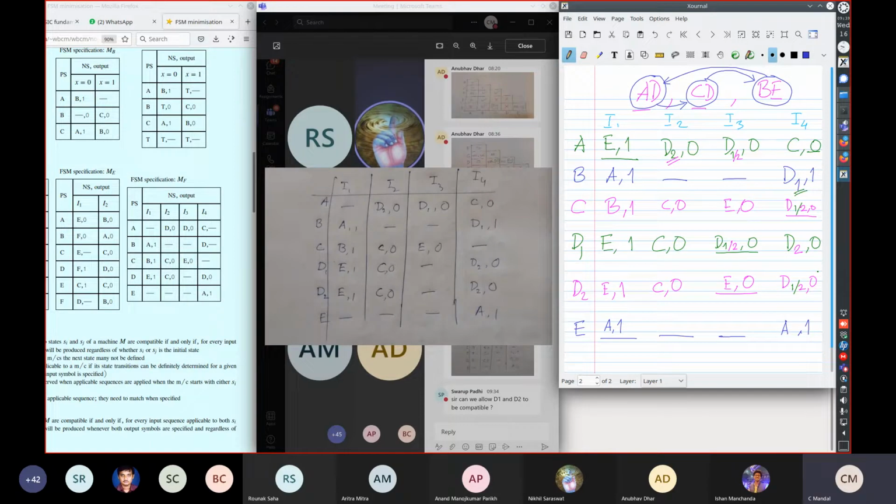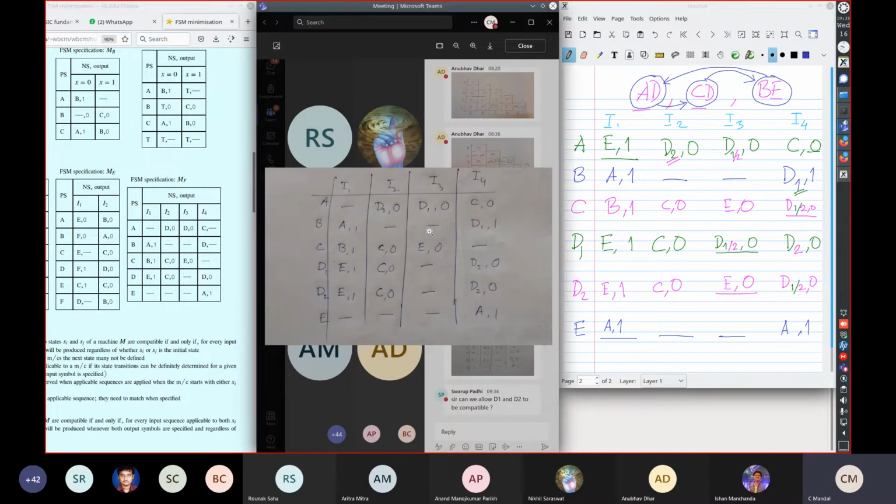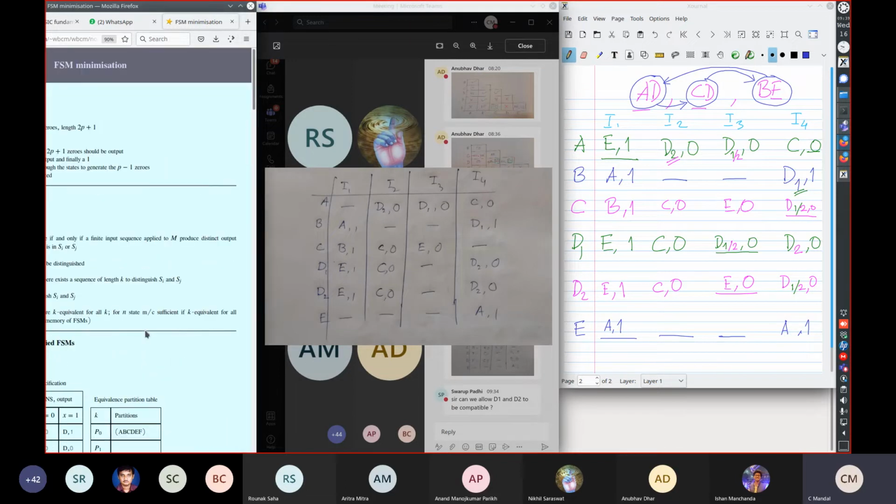So with this, we can say that we have studied the optimization of incompletely specified sequential machines. Optimization of completely specified sequential machines is much easier.